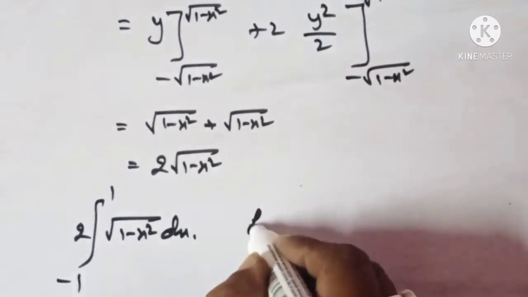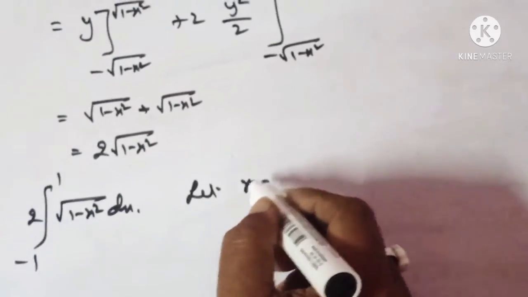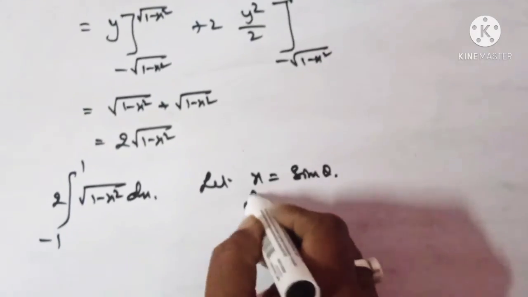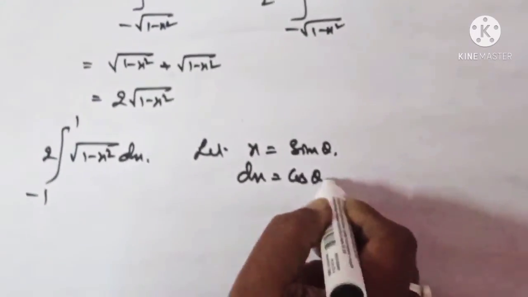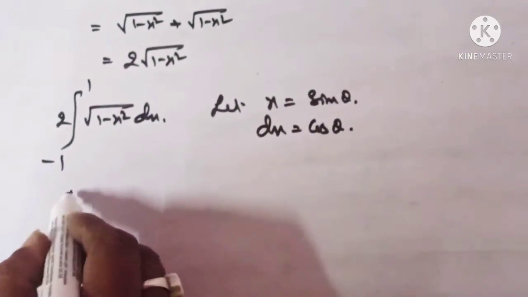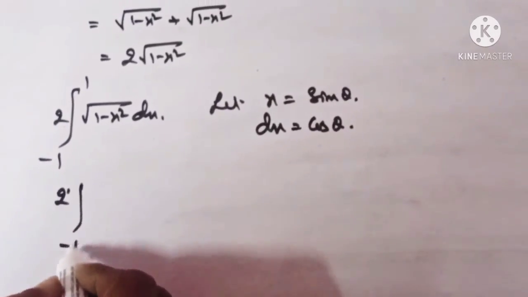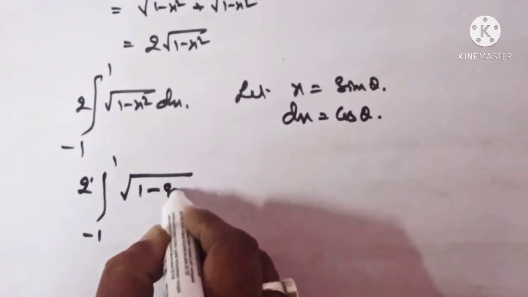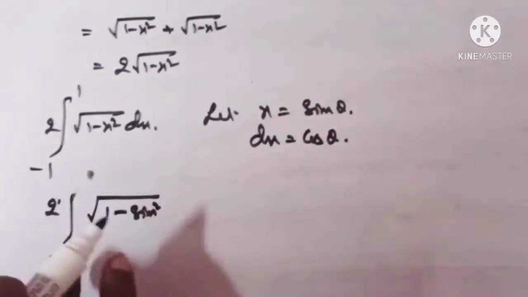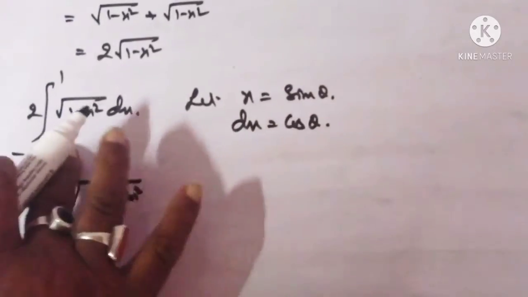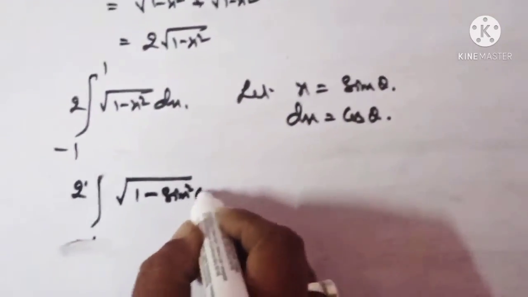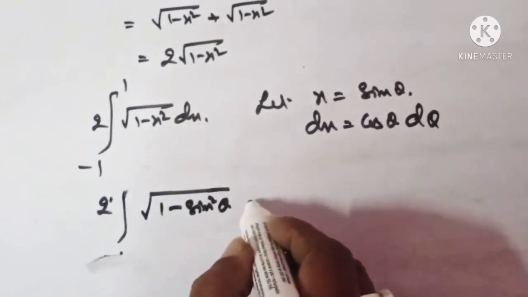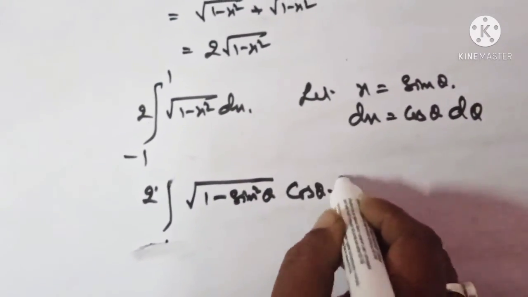So now let me take x is equal to sine theta. So here your dx will be equal to cos theta d theta. So now this integration, 2 times minus 1 to 1 root over 1 minus sine square theta, I'm not going to give the limit here, I will give the limit at last, and your dx is cos theta d theta.